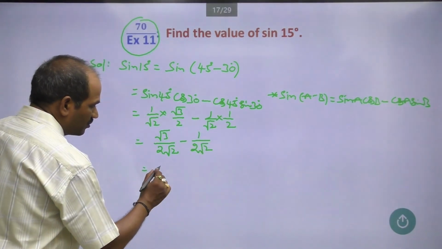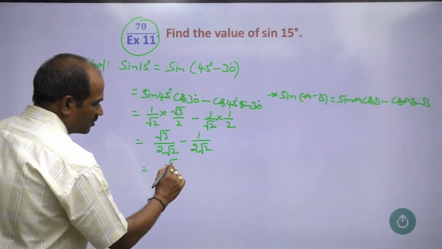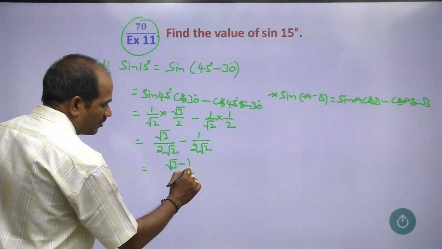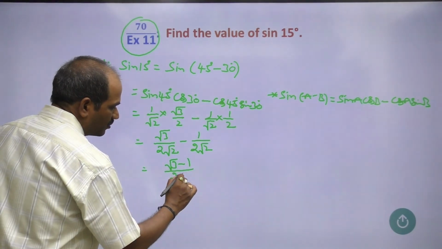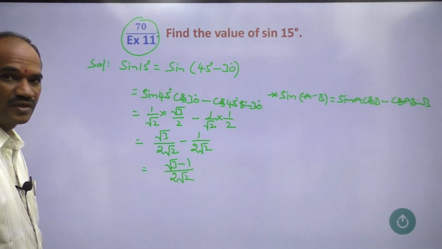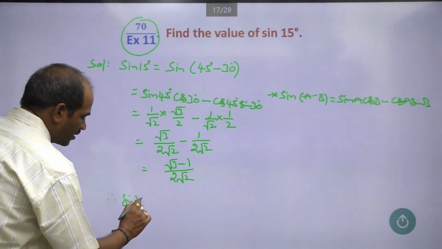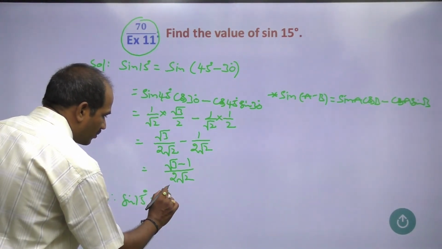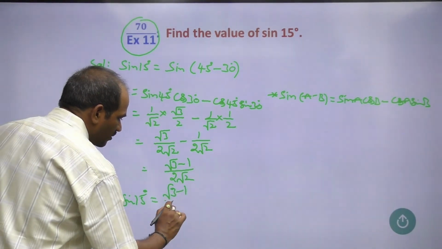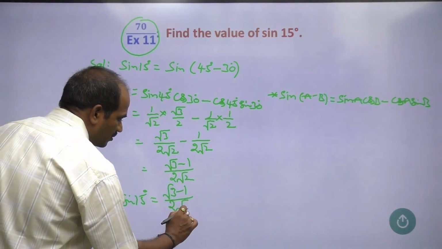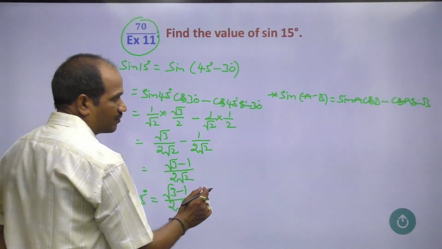The denominator is the same, so subtracting the numerators: root 3 minus 1 by 2 root 2. Therefore sine of 15 degrees is equal to root 3 minus 1 by 2 root 2.